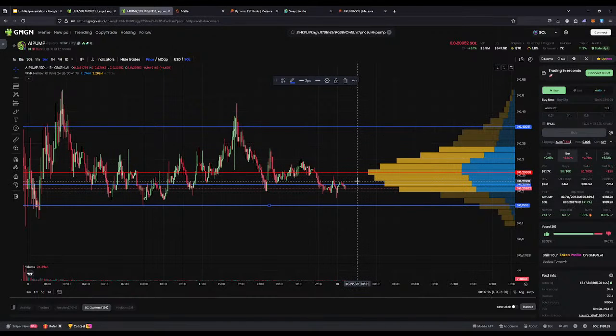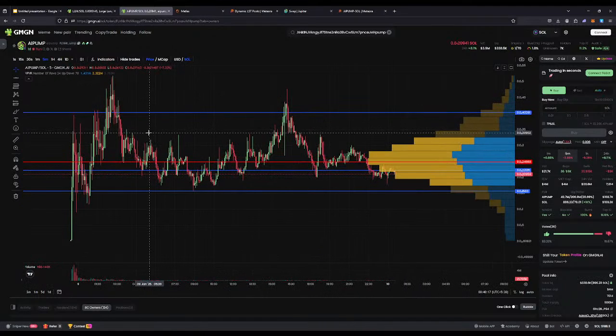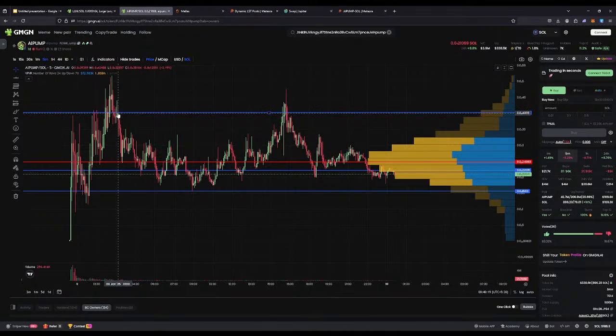So what I'm basically doing is trying to hedge my losses and make up for them by earning fees through liquidity pools. When I started providing liquidity, I started at literally this point, this second green candle here. This is where I started, and I've provided liquidity throughout this range.